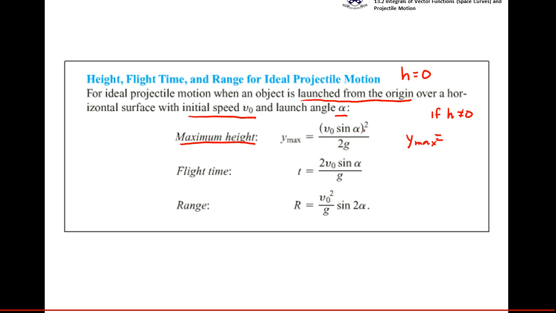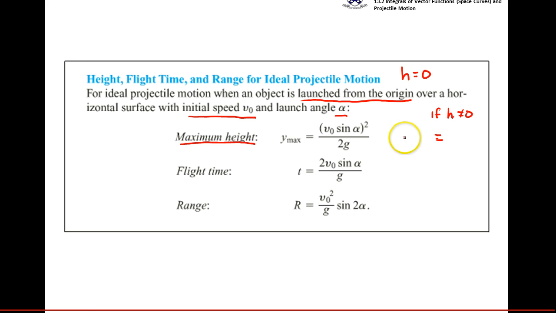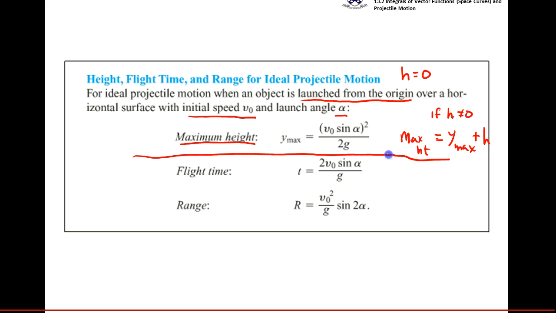So the max height will be the y max from this formula here plus the h. Now you're able to recover that.